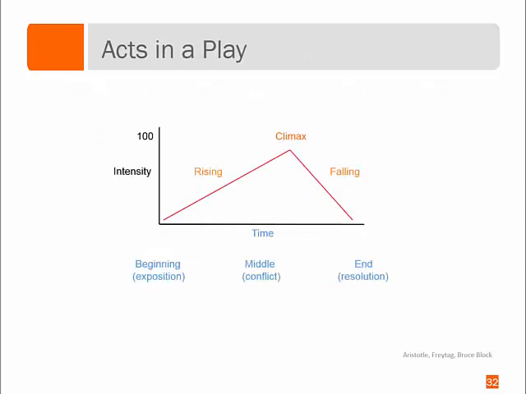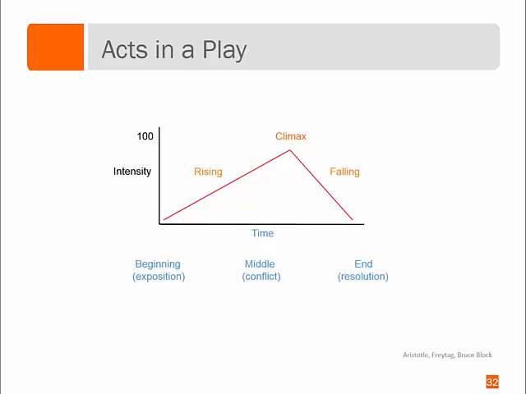So here we have two of the three major approaches that have been identified. The first one is the three-act play by Aristotle, where every story has a beginning, a middle, and an end. Basically, the three acts of a play.